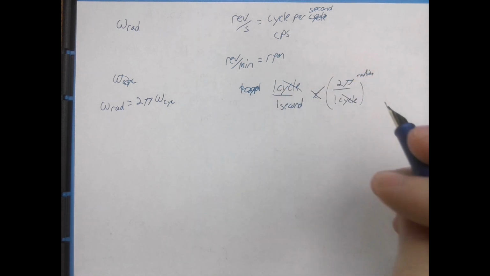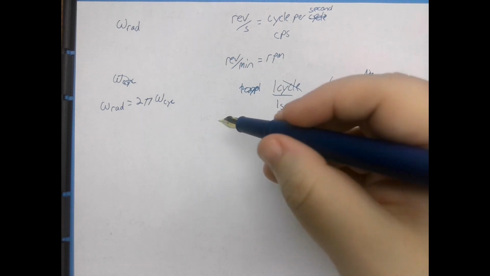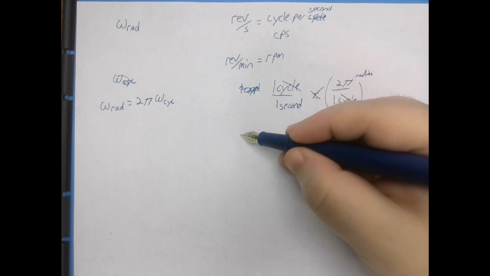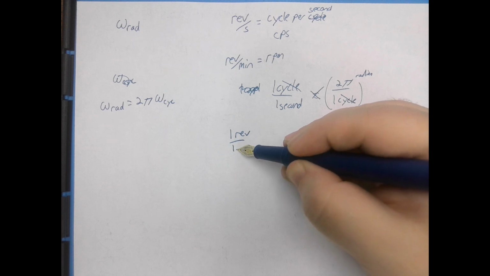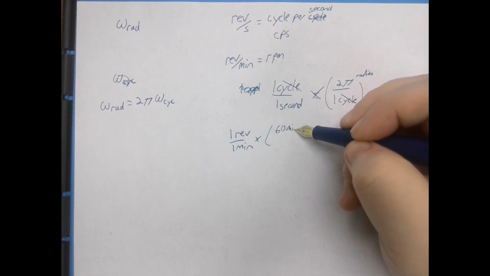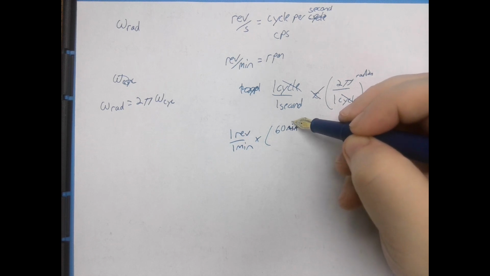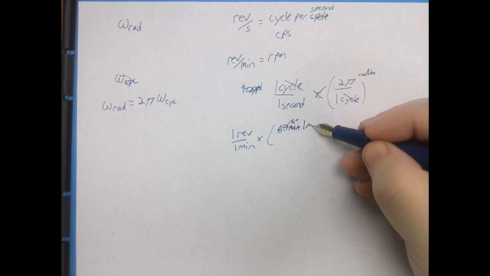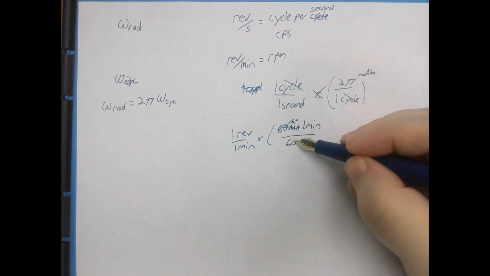And if you want to convert from RPMs, so we have 1 rev per minute, you multiply by 1 minute over 60 seconds.